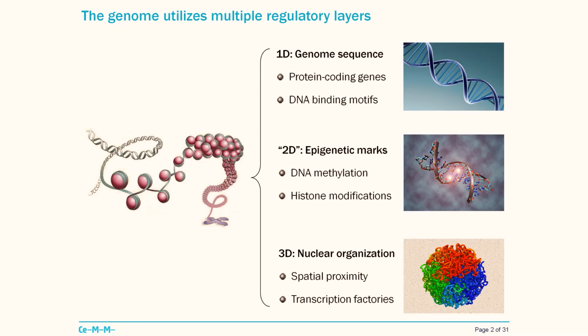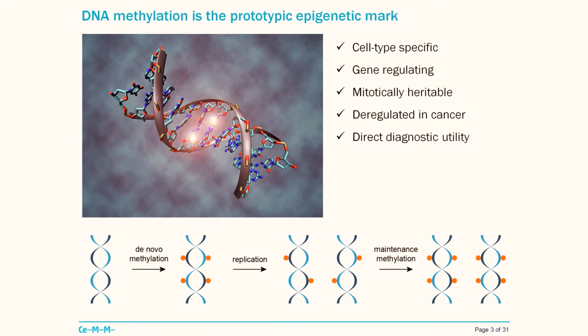And of course, although we look at DNA methylation data a lot, we have to keep in mind that this just shows us some part of the picture, but I would argue a very important one, because DNA methylation, in contrast to the genomic DNA sequence, is cell type specific. It is gene regulating.